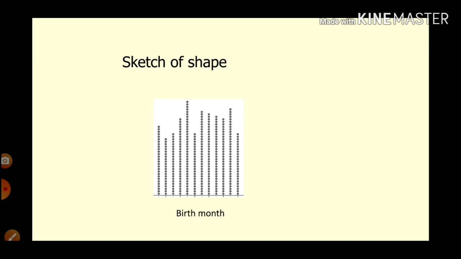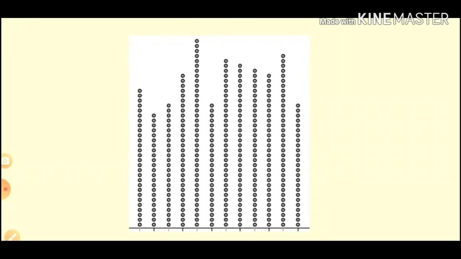Okay, so here there's a dot plot of data. It's the birth months of newborn babies, and each individual dot represents a newborn baby.